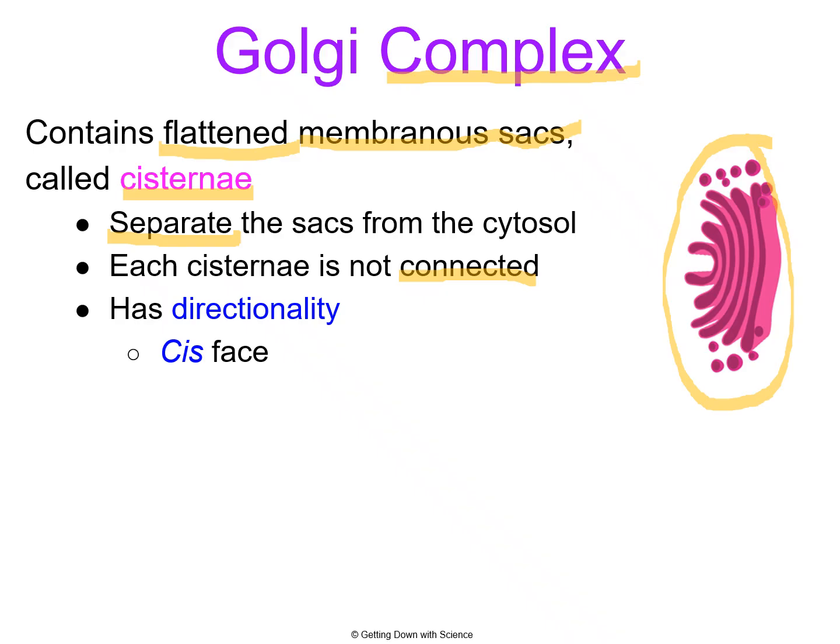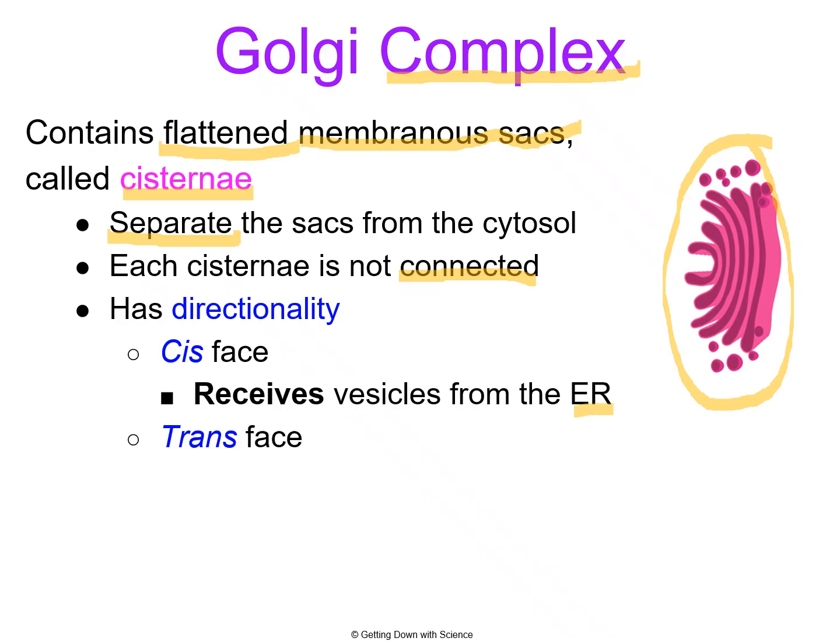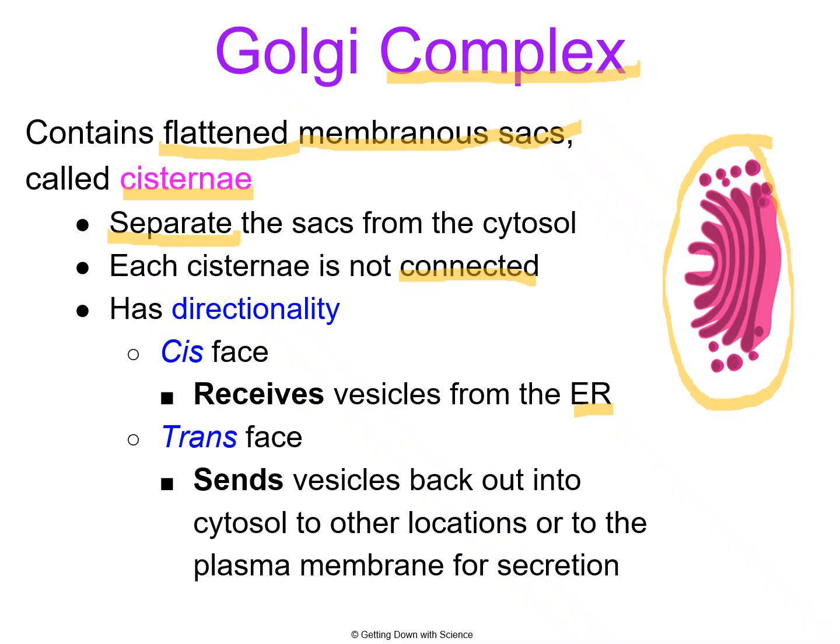There is a cis phase, and the cis phase is responsible for receiving vesicles from the ER. So anything that's coming from the ER will come to the cis phase. And then there is a trans phase that is responsible for sending things away from the Golgi complex.